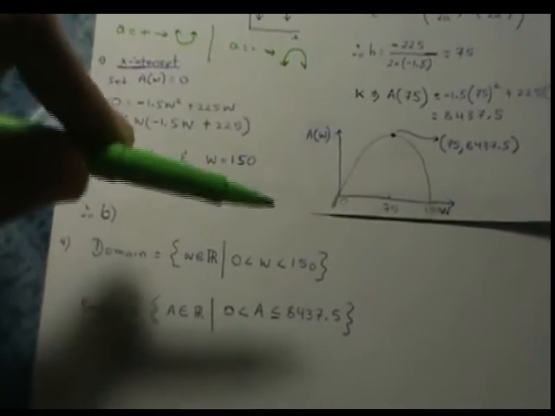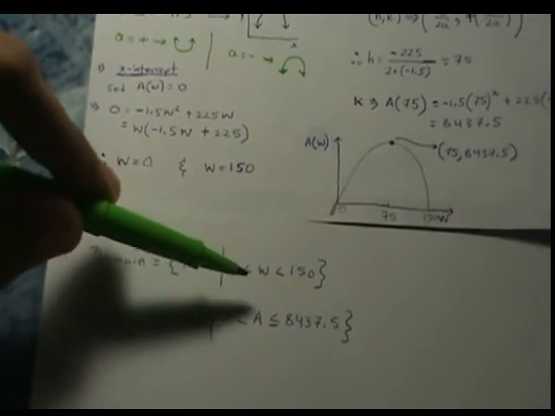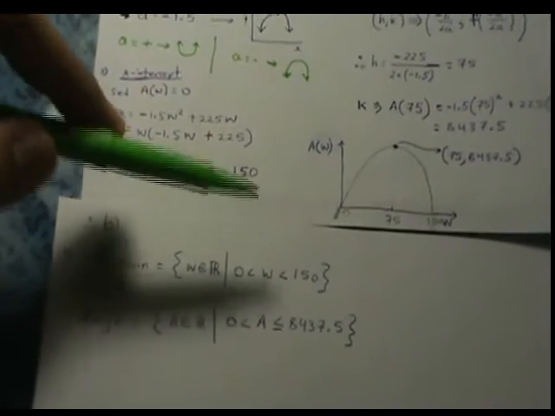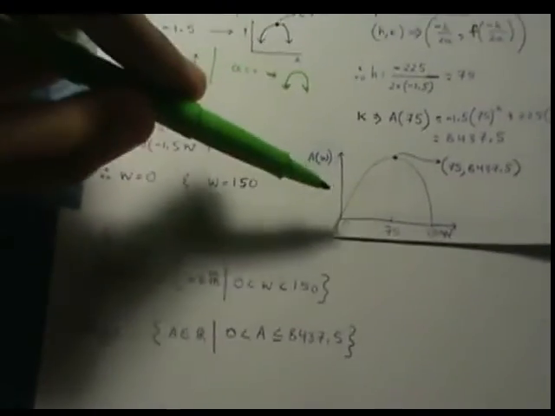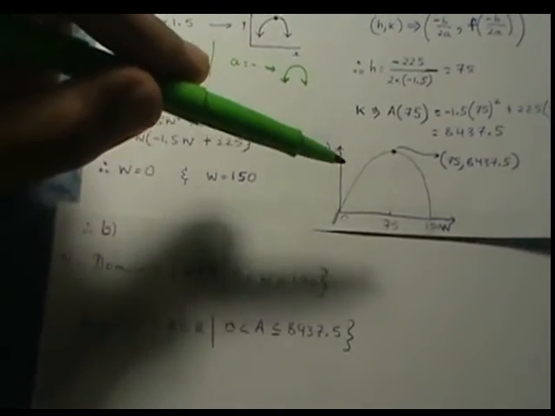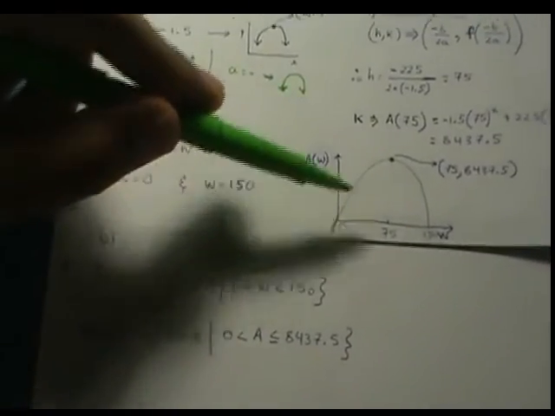And the reason why it's not greater than or equal to and less than or equal to is because from this graph we can see that when the width is 0, the area is 0, and at 150, when the width is 150, the area is also 0.